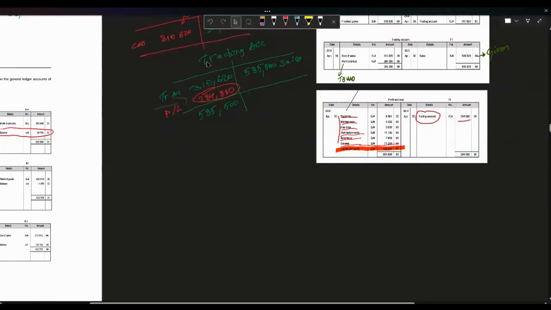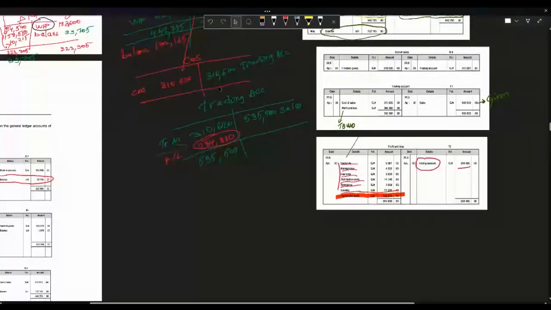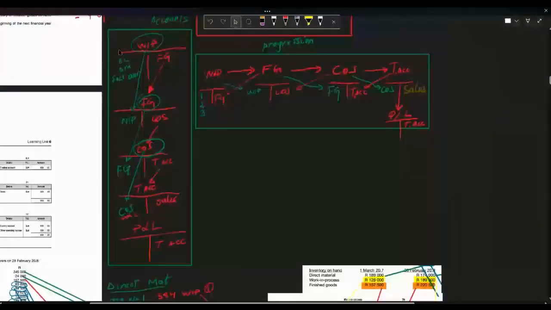So that's why on your right hand side, you will get your trading account. Normally, the trading account should be this side, right? All the accounts are the same, if you remember here. The previous account always is on the left side, and the next account will be on the right side.